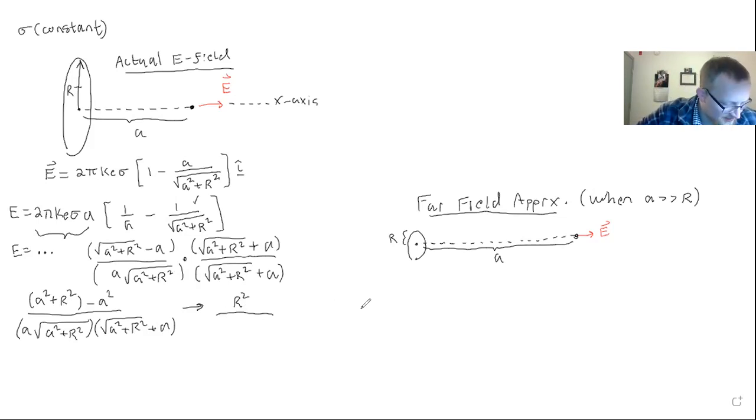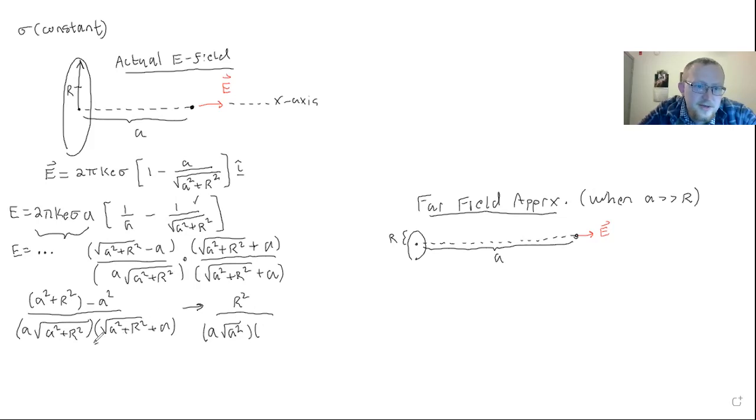And how we're going to do that is, since r is much, much smaller than a, I'm going to change this denominator. Instead of a squared plus r squared under the root, because r is much, much smaller than a, I'll just write it as a square root of a squared.